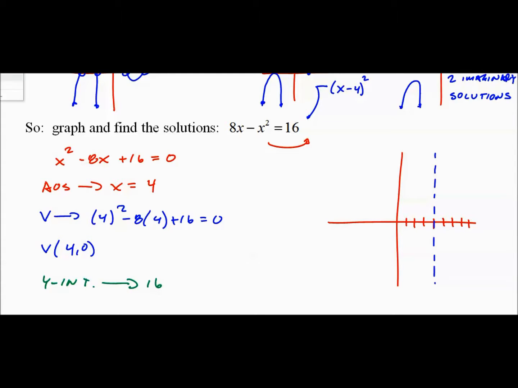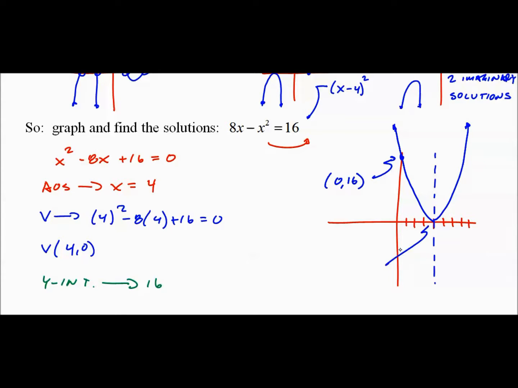So looking at something like this. And that was pretty horrible. And we'll try that right there. So here is my y-intercept at 0, 16.